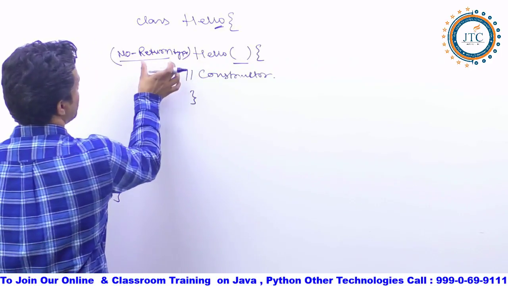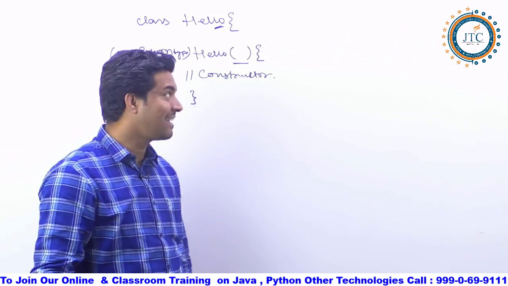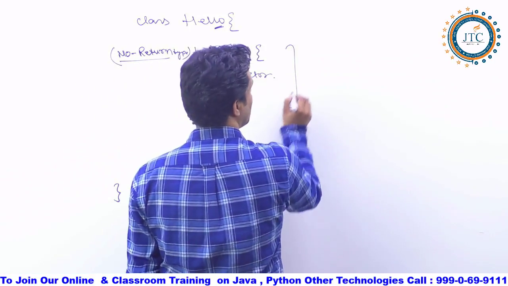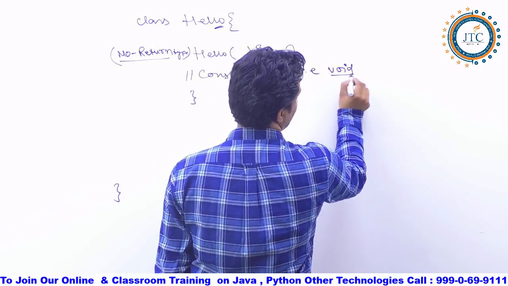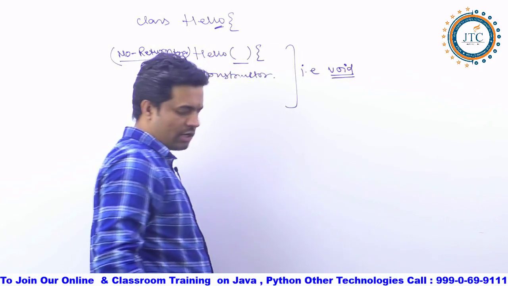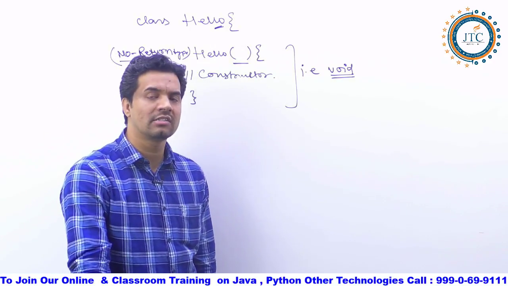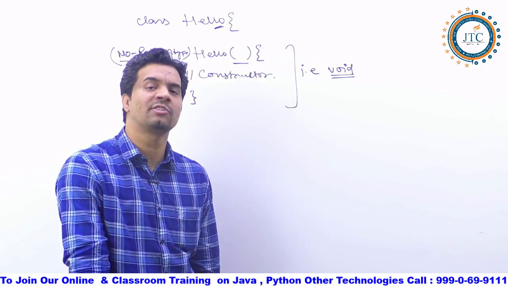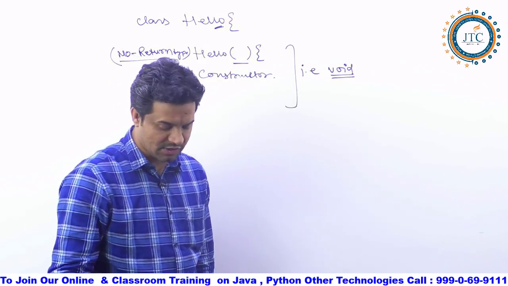There should not be any return statement. You should not write any return statement, not even void. It must not have void also. We should not specify any return type, which includes void, in the case of a constructor. Fine.